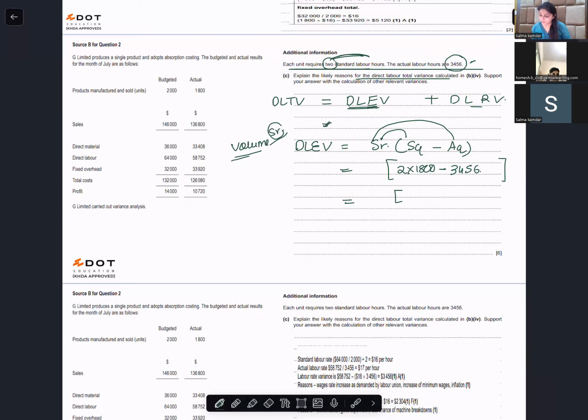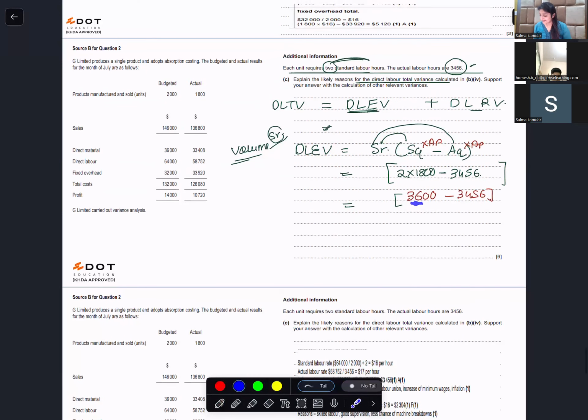But for actual, you will take standard quantity for actual production, and actual quantity for actual production. So this is 3,600 minus 3,456.